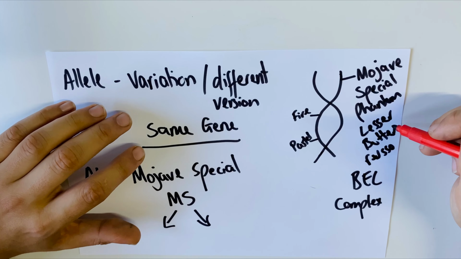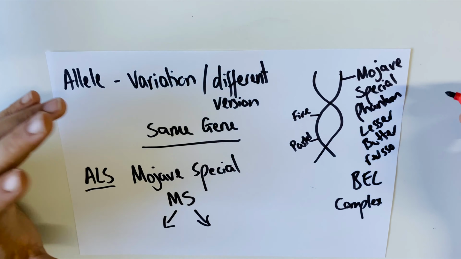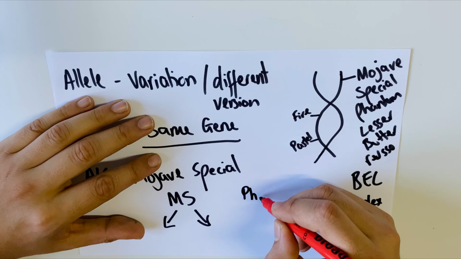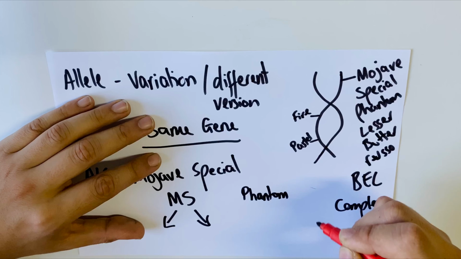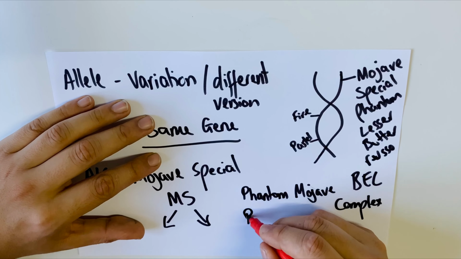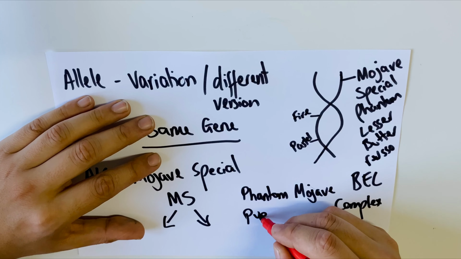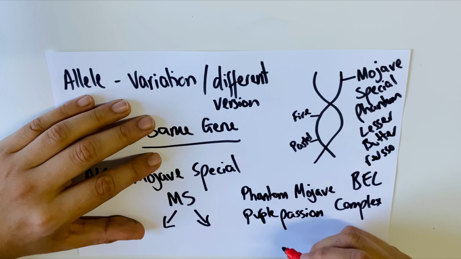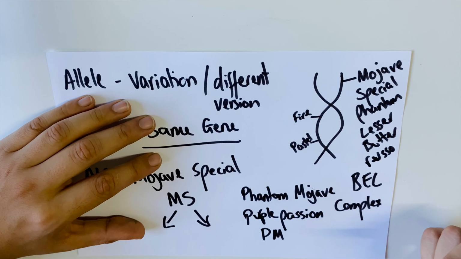Just like if you bred, for example, a phantom to a Mojave, you'd get a phantom Mojave, which would be called a purple passion. Genetically, if we say P for phantom, M for Mojave, a purple passion can never recreate itself.